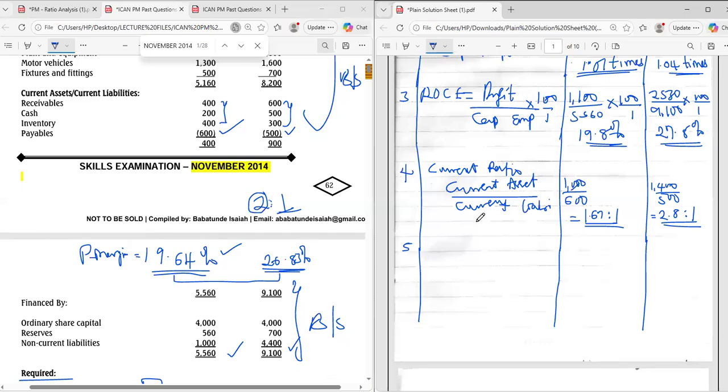Please, how will you interpret the current ratio? Okay, how will we interpret the current ratio? Stay online, somebody will show you now. Who is the lecturer? Please tell us the answer. How do we interpret current ratio?